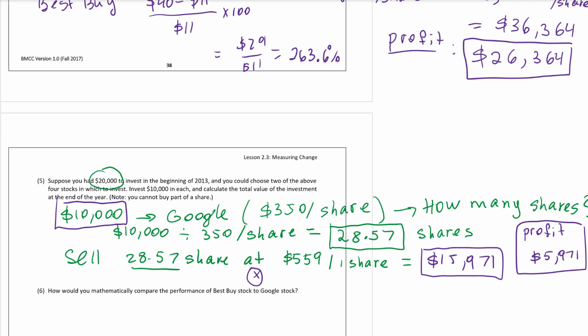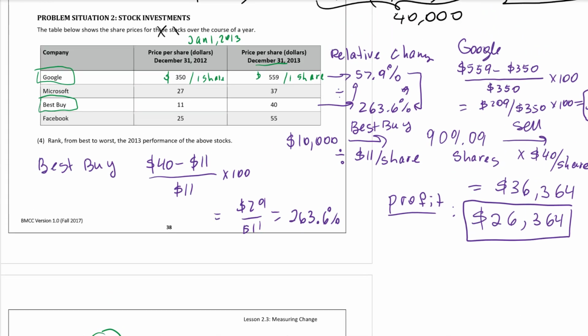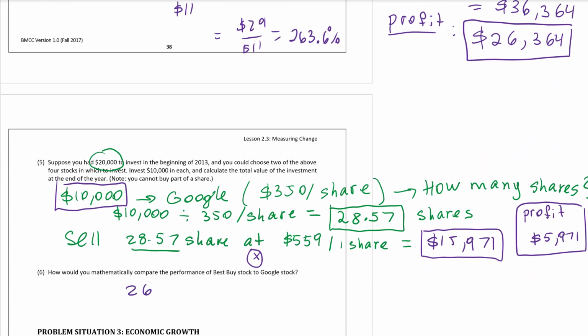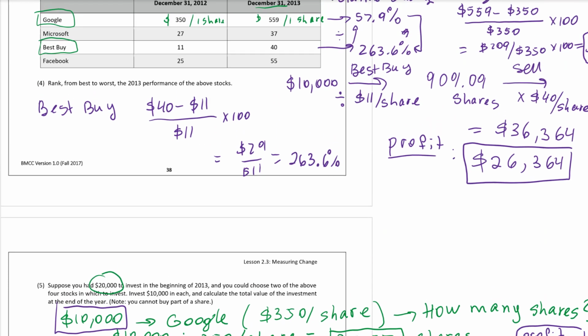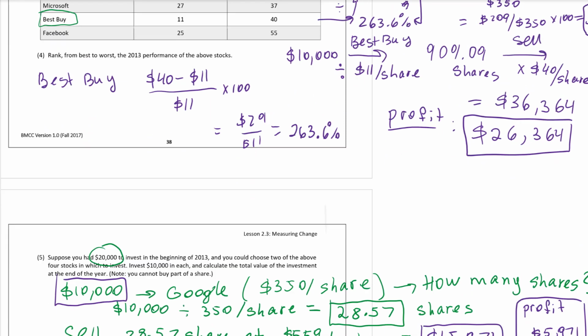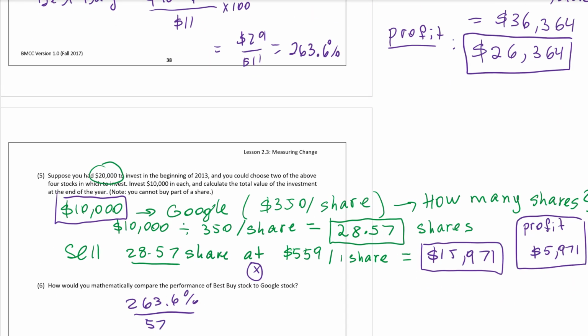We can divide the rate of profit, which is 263.6%, divided by the rate for Google, 57.9%, and that is 4.55 times better for Best Buy, because it gives us such a better return.